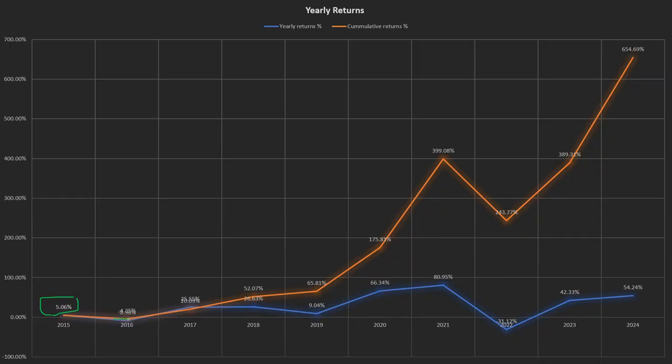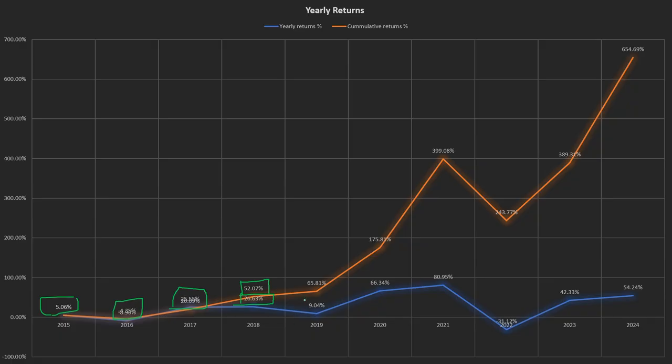In 2016, this sector gave negative returns. Then in 2017, the situation improved and the sector gave returns of around 20.09%. In 2018, again, the sector gave positive returns of about 26.63%, and the cumulative returns for the last 4 years reaches 52.07%.